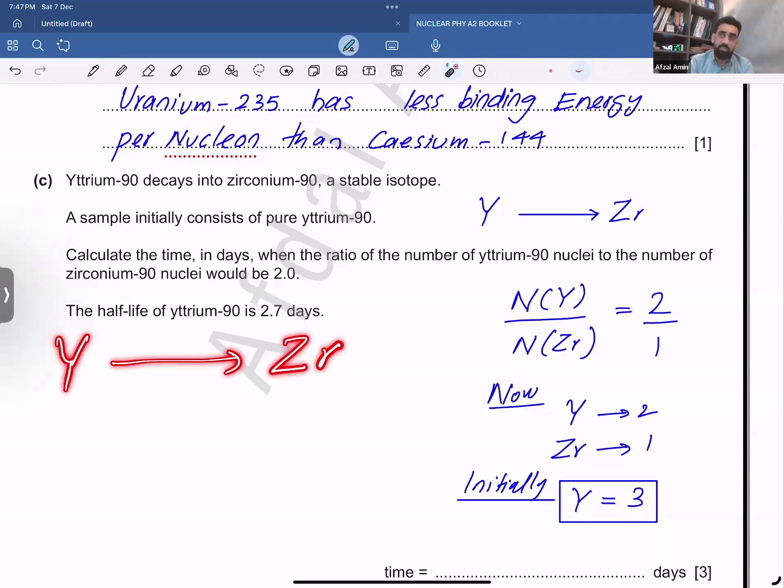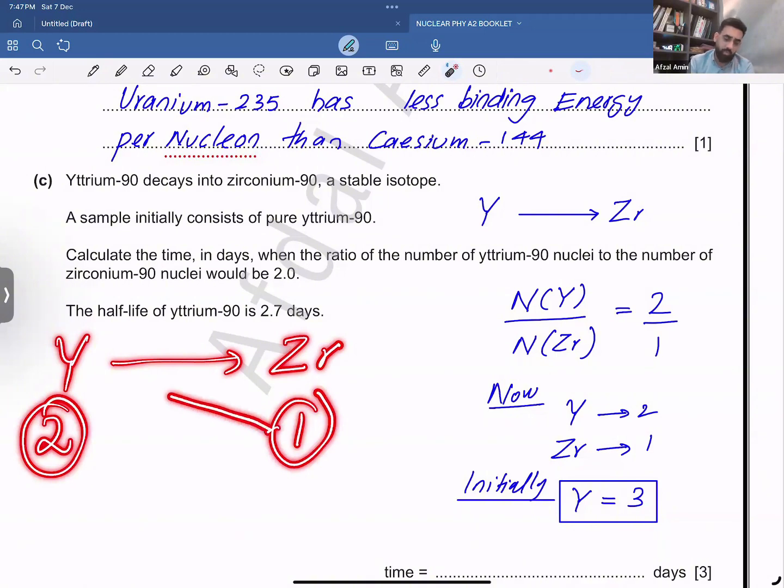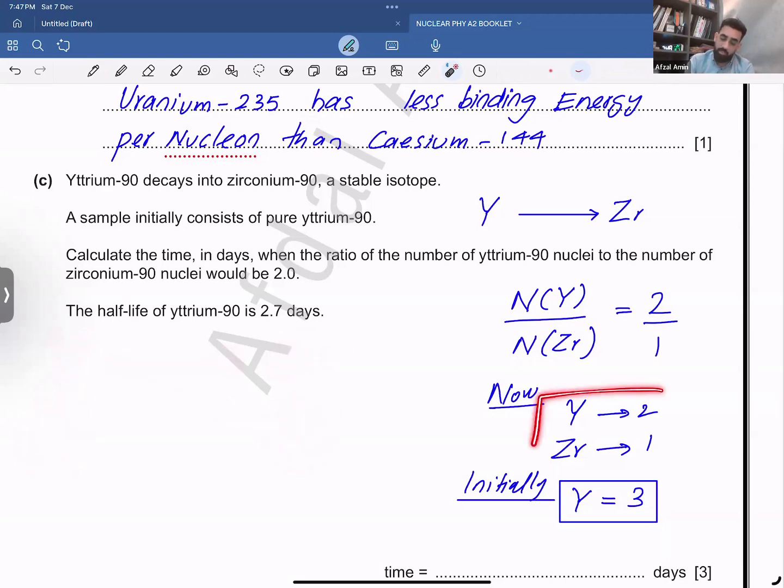Initially we don't know how many were there, but right now there are 2 yttrium and 1 zirconium. So this one came from where? From one decay of yttrium. So 1 zirconium is the result of decay of 1 yttrium. So now the initial yttrium is 3.